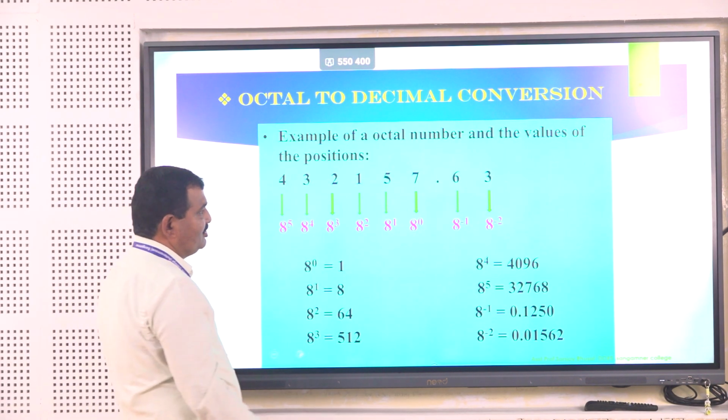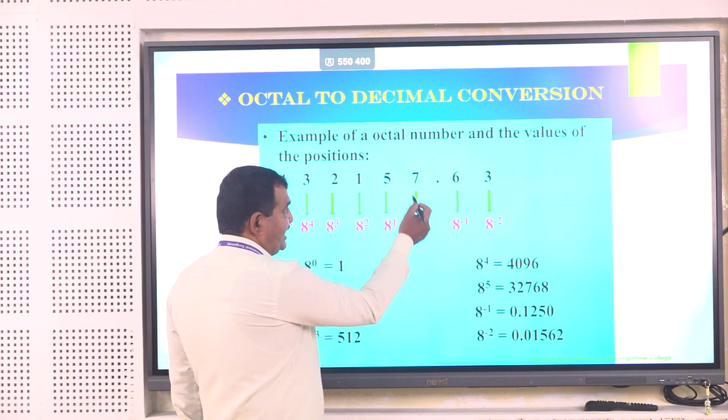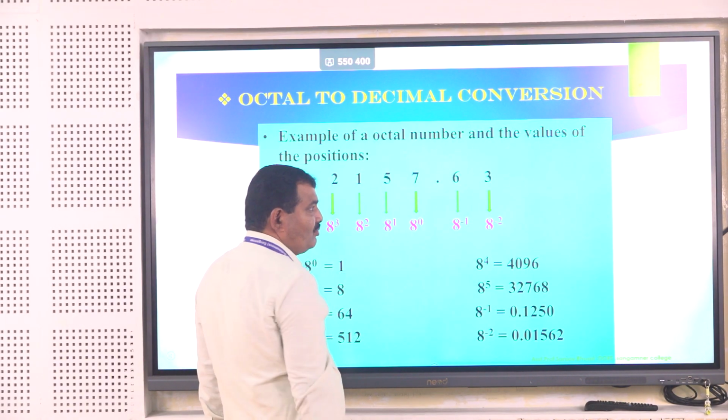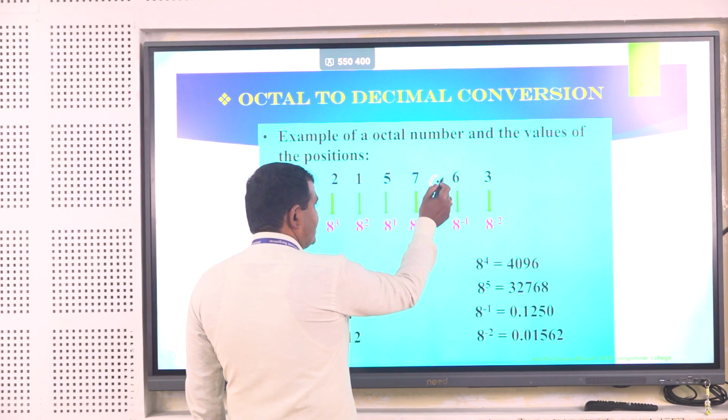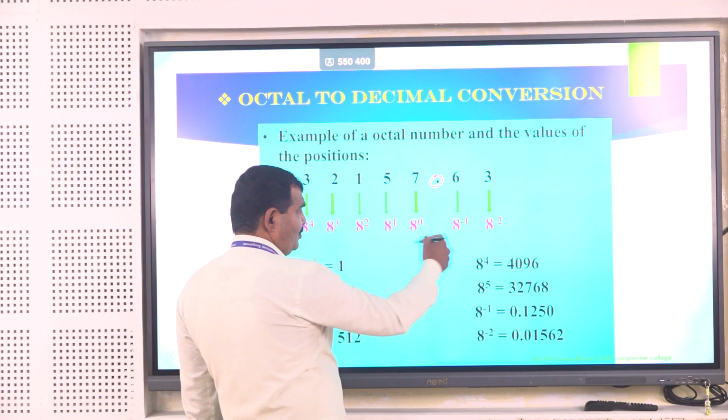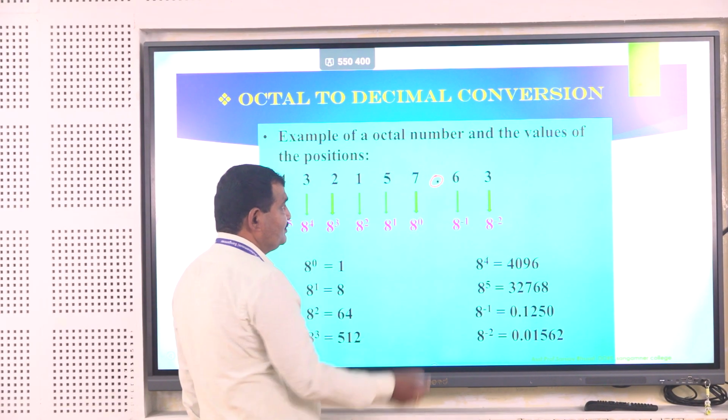432157.63. This is an octal number and we can write the positional value for this number starting from this octal point, going towards both directions.